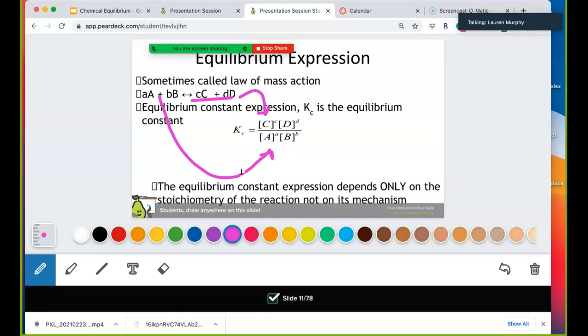So your coefficients in equilibrium will become your exponents.